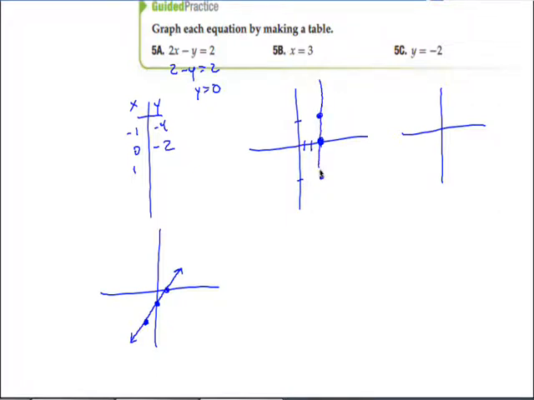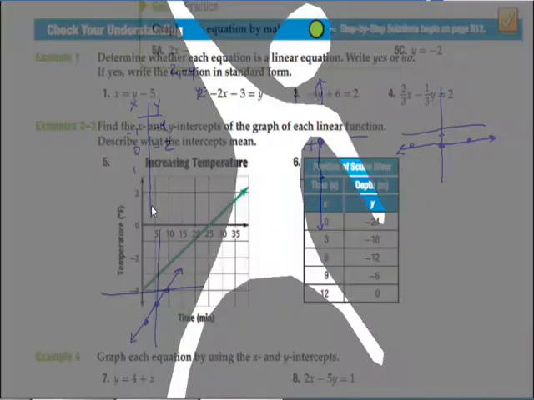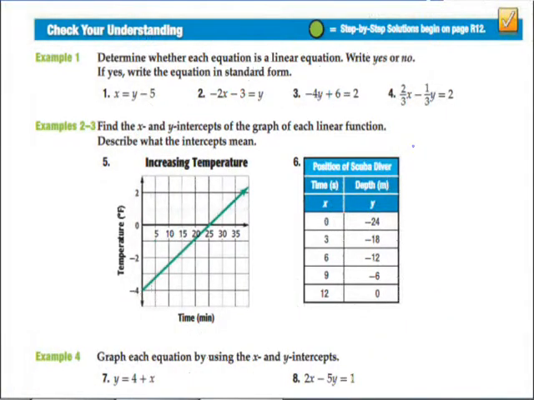X equals 3 is a vertical line through 3 on the x-axis. The opposite can be true for y equals -2. So I go to where y equals -2. And y is -2 everywhere on that line, no matter what I pick for x, because x isn't a part of the equation. Y equals -2 looks like that. Alright? That's it.